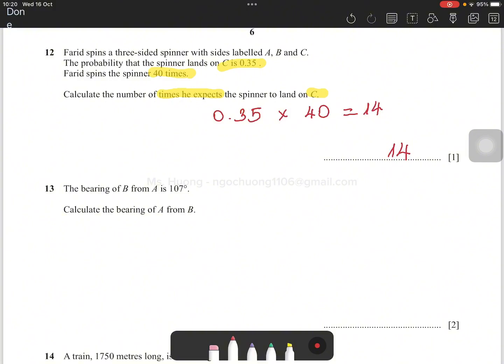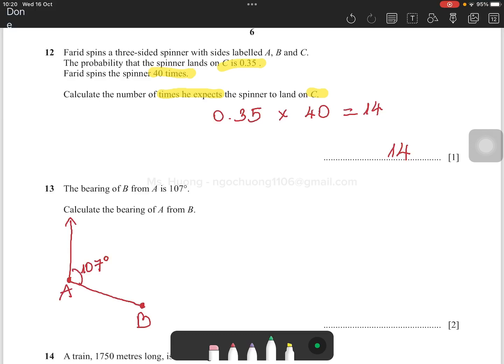Question 13. The bearing of B from A is 107 degrees. Calculate the bearing of A from B. First of all, the bearing of B from A. So we start from A and the angle is 107, which is an obtuse angle. So suppose that this is B and this is the bearing 107 degrees.